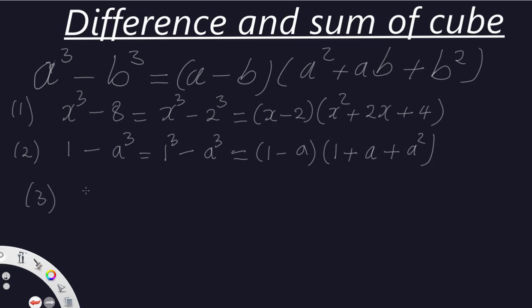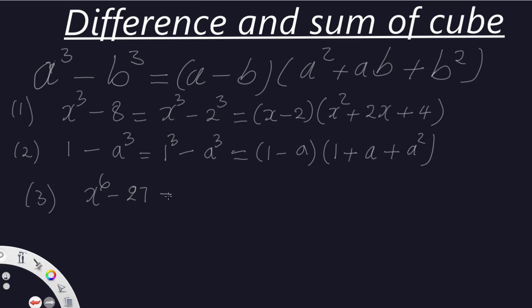We can have something like this, x exponent 6. Okay, for example, we have 27 over there. Can you see? So how are you going to do such things?